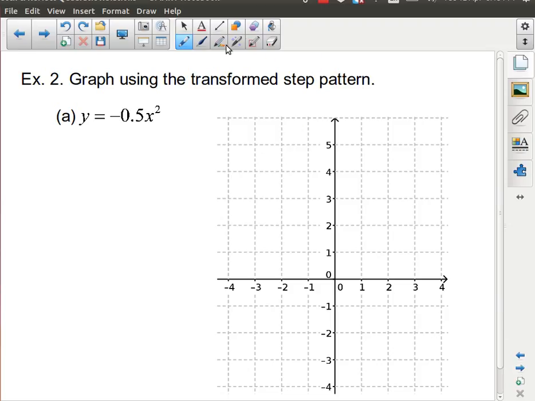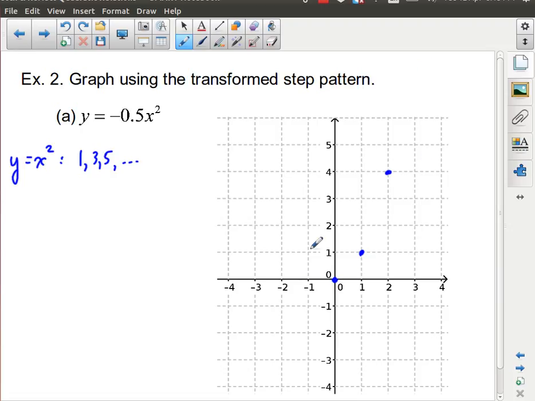Okay, so what we want to do now is apply some of these ideas using step patterns and see if we can graph things quite easily. So first of all, y equals x squared. The step pattern for that is 1, 3, 5, and so on. And that's going to start at the vertex at 0, 0, over 1, up 1, over 1, up 1, 2, 3, over 1, and it's off my graph, so I don't have to continue.